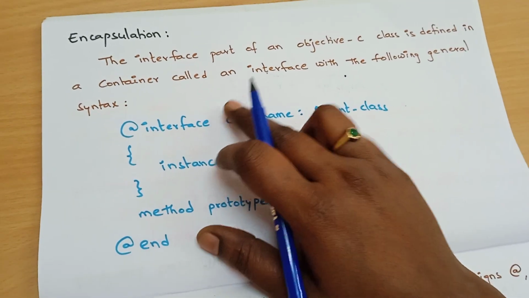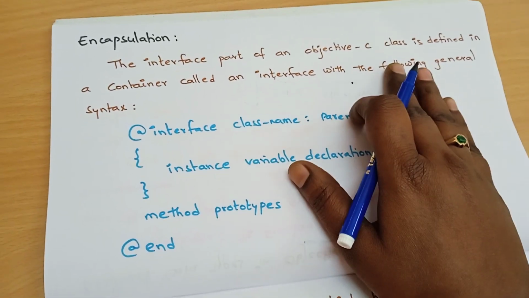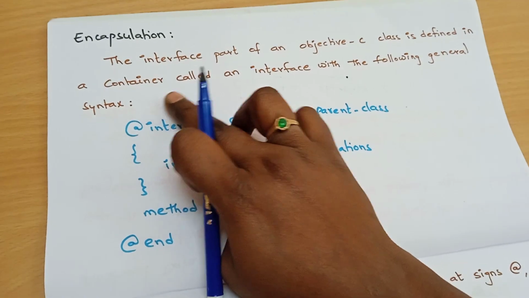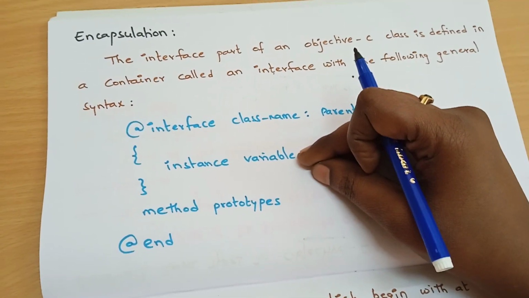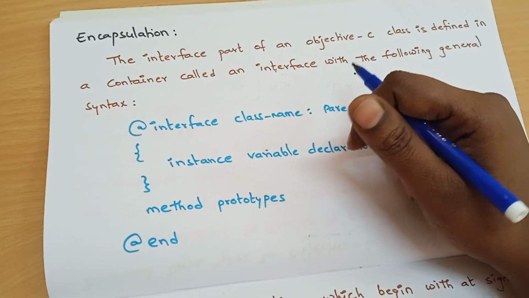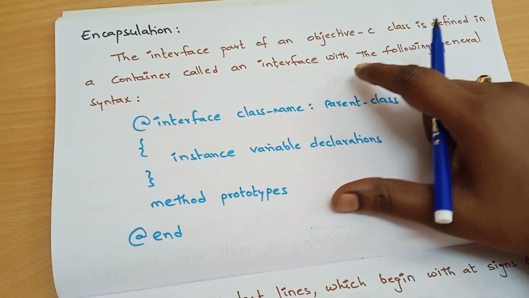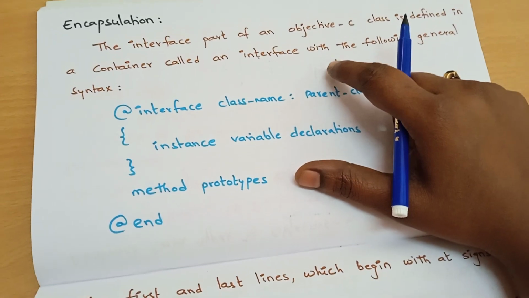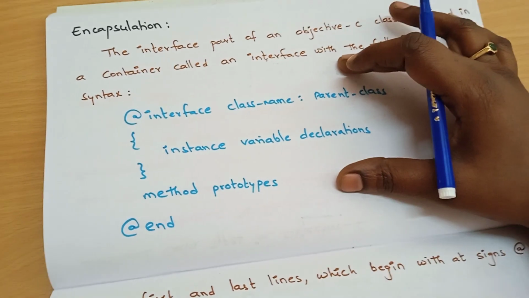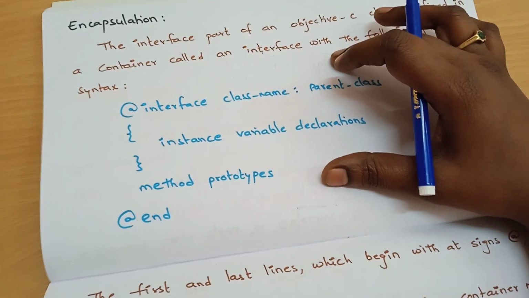The interface part of an Objective-C class is defined in a container called an interface. Prior to this video, we discussed C++. The interface and the syntax of a class there is entirely different from this code. We did not see this code in C++.